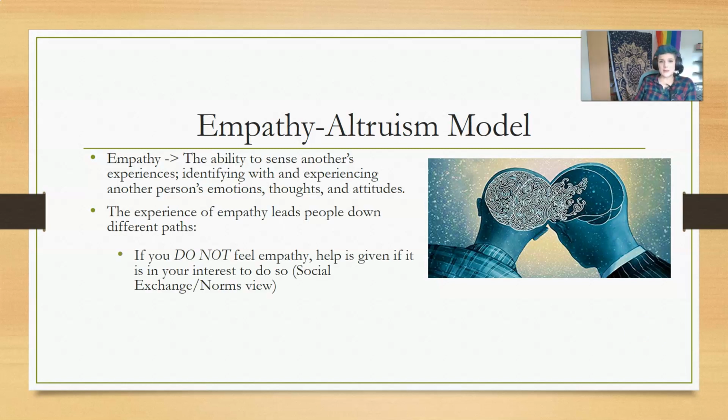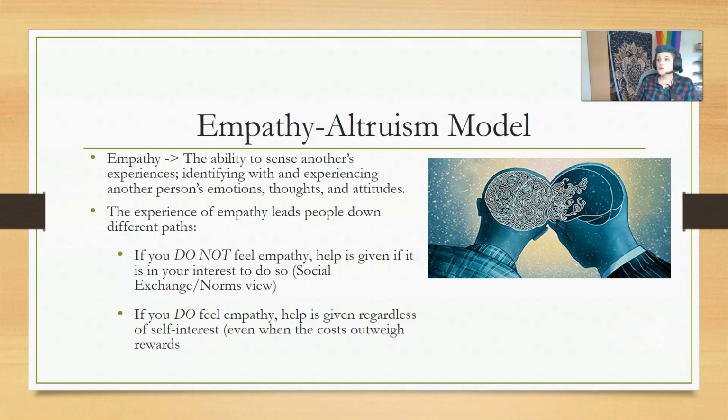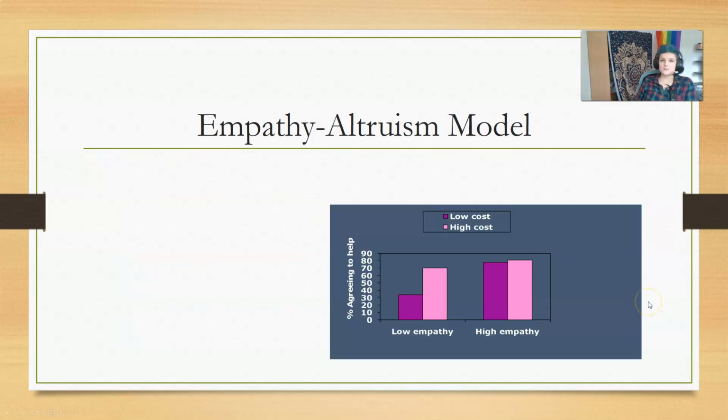If you do not feel empathy, help is given if it is in your interest to do so. So this is the social exchange or norms view. And if you do feel empathy, help is given regardless of self-interests, so even when the costs outweigh the rewards. So whether or not you feel empathy will depend on whether or not you help, or whether you help if there is another kind of reward that you can gain from that interaction.